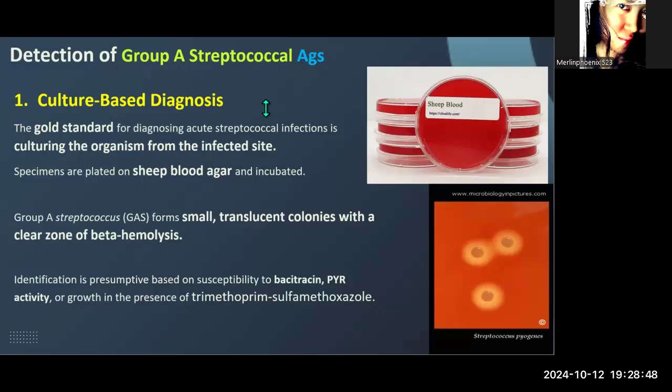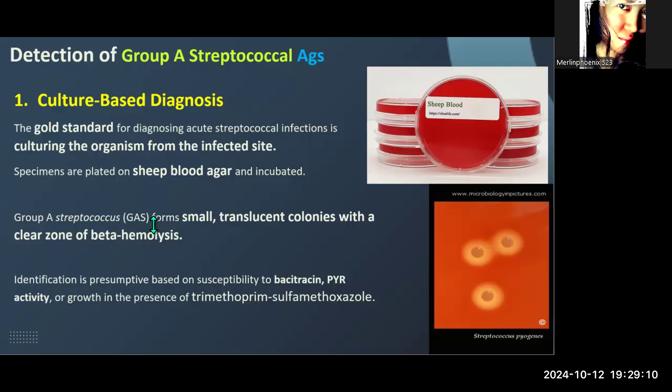For the detection of GAS antigens, number one, we have culture-based diagnosis. The gold standard for diagnosing acute streptococcal infection is to culture the organism from the infected site. The specimens are plated on blood agar and incubated.